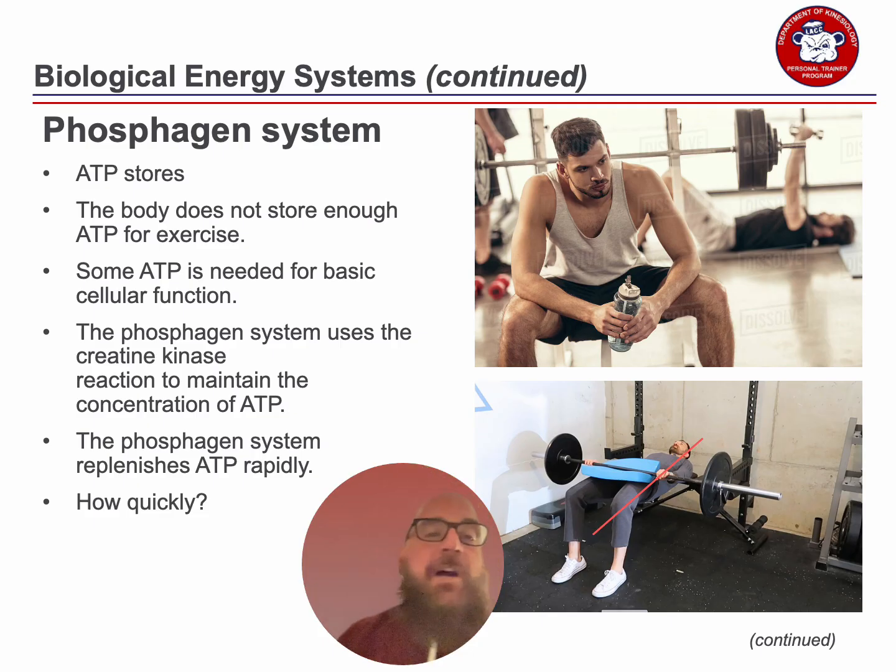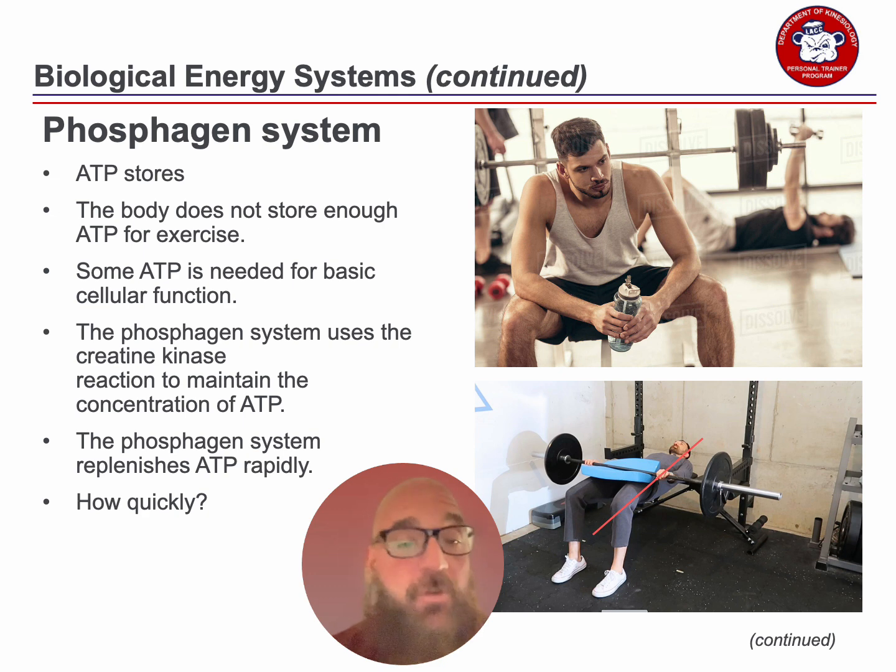All right, so the phosphagen system is primarily going to use ATP that's already stored in the blood. You can't store enough ATP for exercise, so you have a certain amount in your bloodstream. That's what gets us moving around all day, and we need that for basic cellular function. But when we start exercising, we can't produce enough with our phosphagen system.